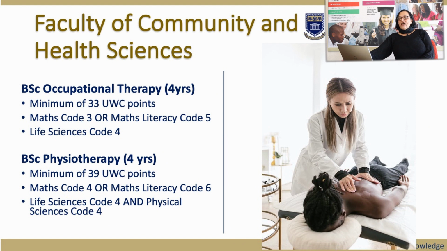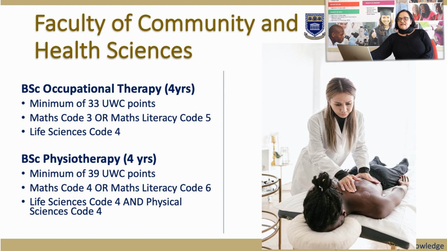Then you have your BSc Occupational Therapy, your BSc Physiotherapy. These are 4-year degrees. I want to point out here with BSc Physio, you need both Life Sciences and Physical Sciences, not either, while with BSc Occupational Therapy, you only require Life Sciences.